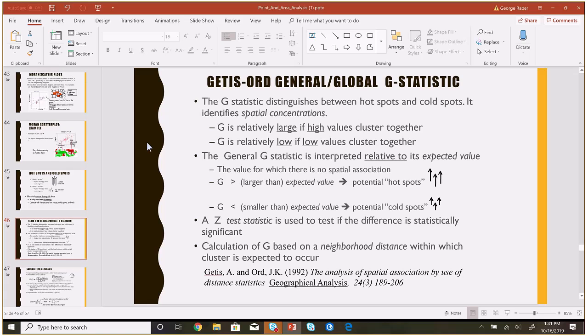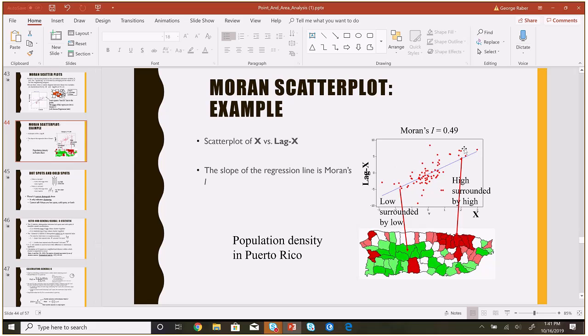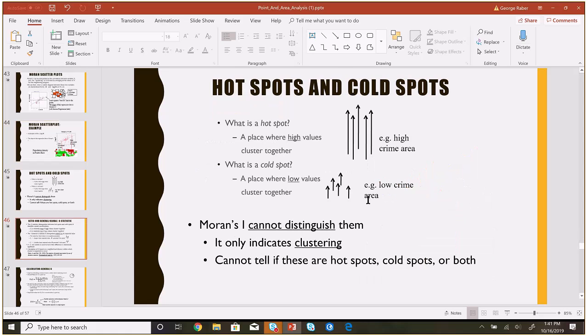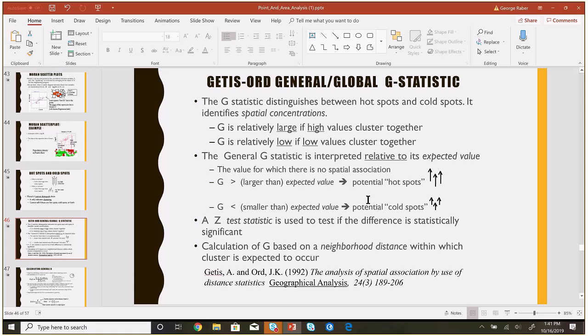Oftentimes it's useful to do these. And so here's a statistic, the Getis-Ord General G statistic. It does distinguish between hot spots and cold spots. Basically, it's looking at the highs and the low areas and mapping those for you, okay?